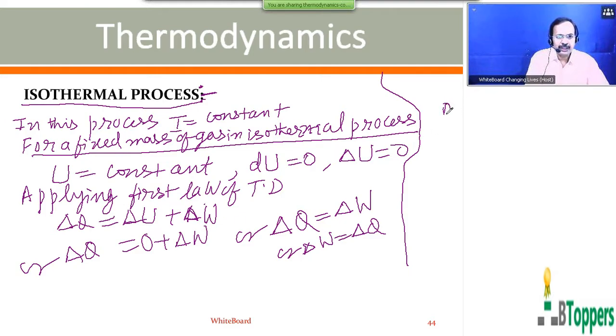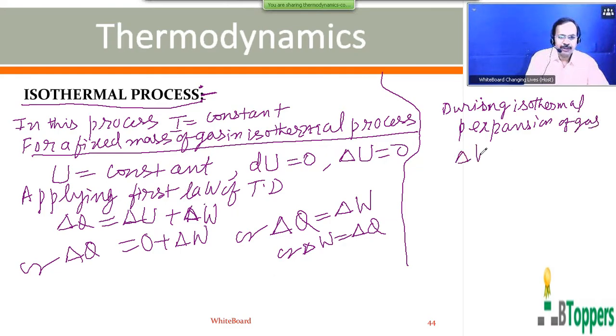So during the isothermal expansion of the gas, the final volume is more than the initial volume, the work done by the gas is positive, and delta Q is positive.